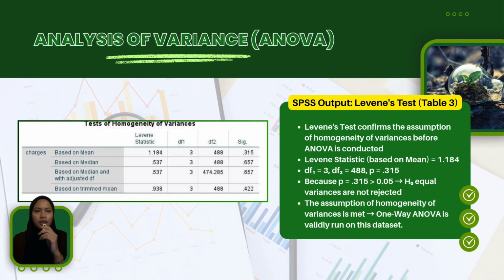The significance value obtained is p equals 0.315. Since p equals 0.315 is substantially greater than our threshold of 0.05, we fail to reject the null hypothesis of equal variances. This confirms that the assumption of homogeneity of variances is satisfied. It is therefore appropriate to proceed with the one-way ANOVA.